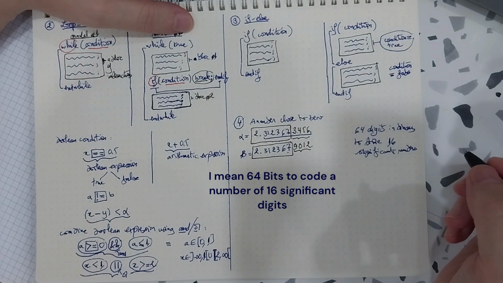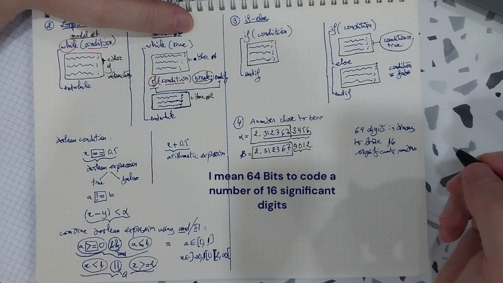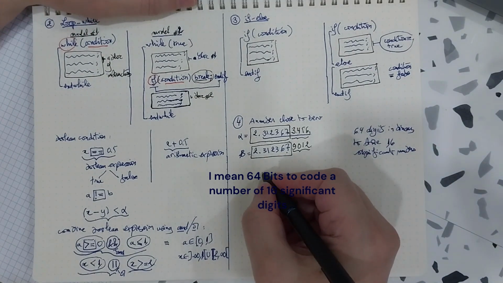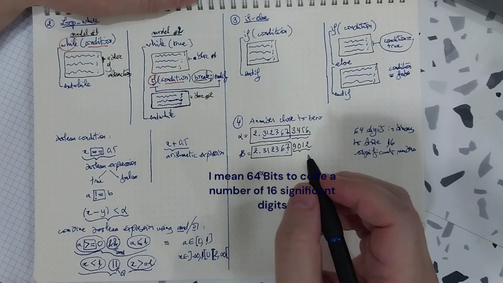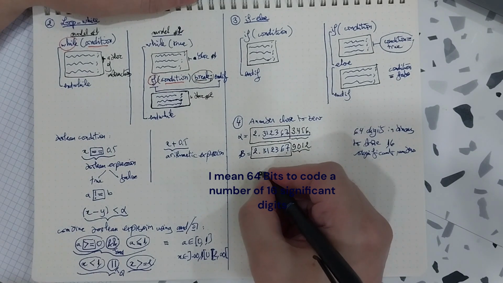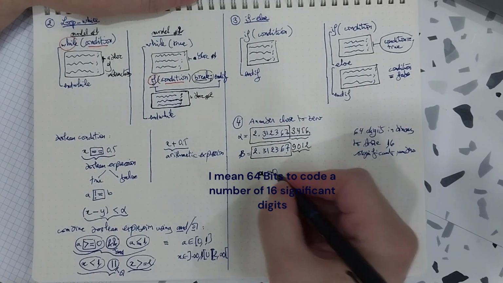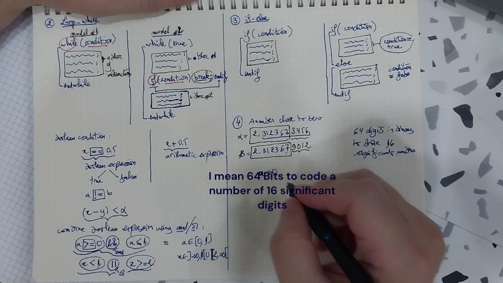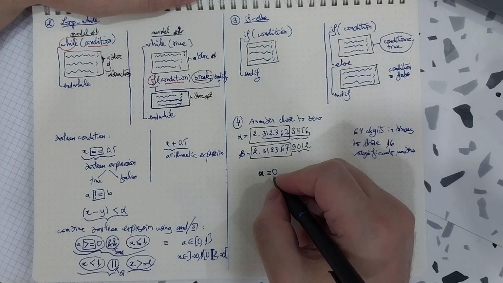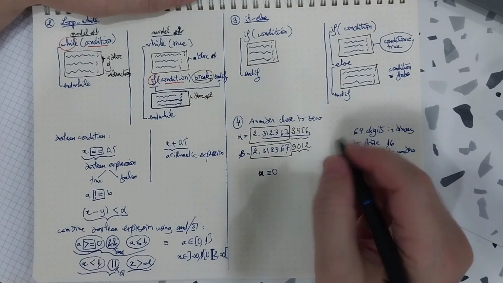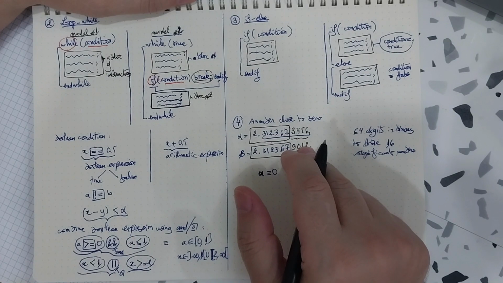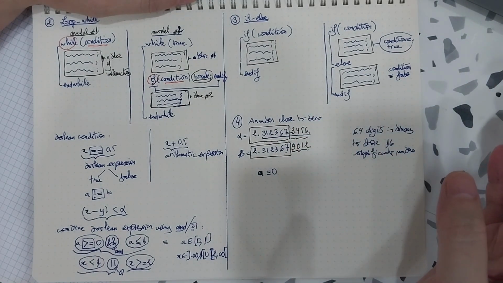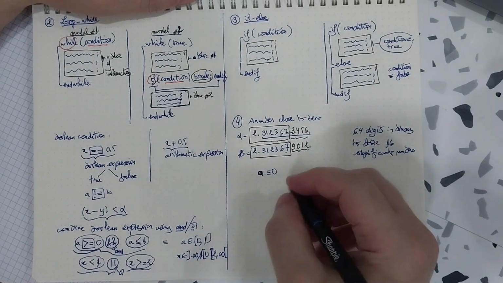So what does that mean? What consequence does this have on a number close to 0? To say that a number a equals 0, how to express that in an algorithm? What is 0? If you have 16 digits and there are still digits after the 16th, are they considered 0 or not? So let's take an example.